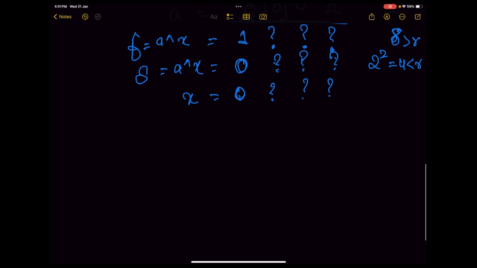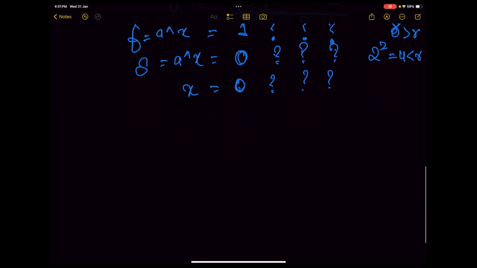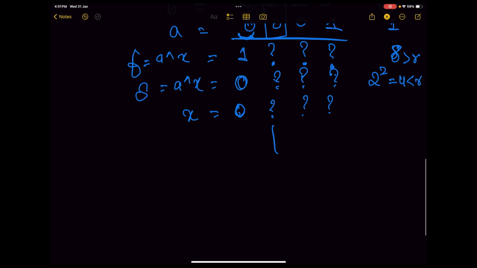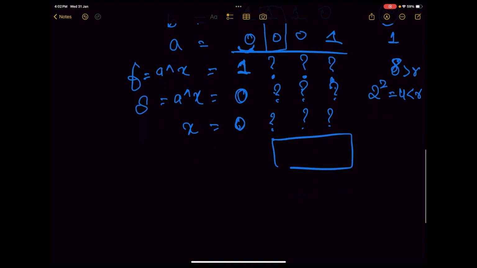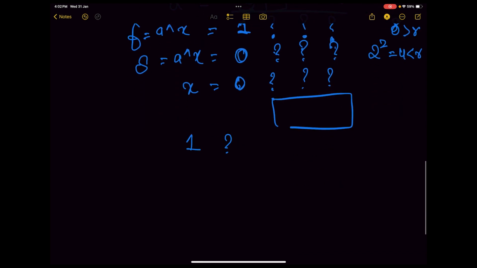Now I'm checking for the other bit positions that I have calculated. We can clearly see the second term would definitely be greater.